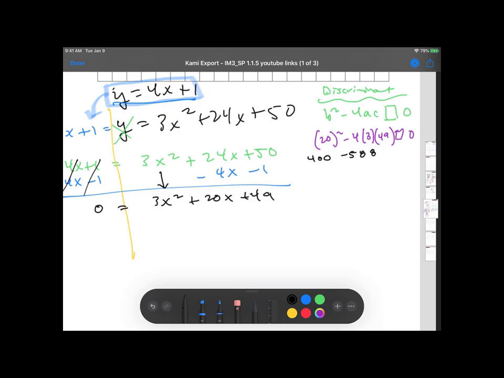If you add those together, that's negative 188. So what can I put in this box as an inequality? Negative 188 is less than 0.